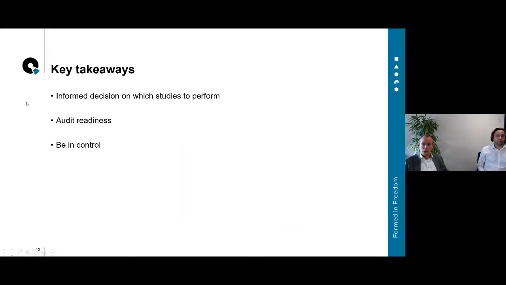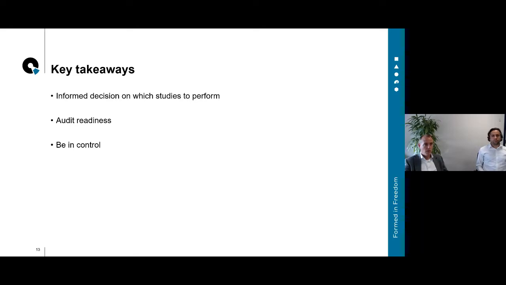Then some key takeaways. Make an informed decision on which studies to perform. I think this is the biggest money burner that we sometimes see, that too many studies are performed with no good reason. Be audit ready.